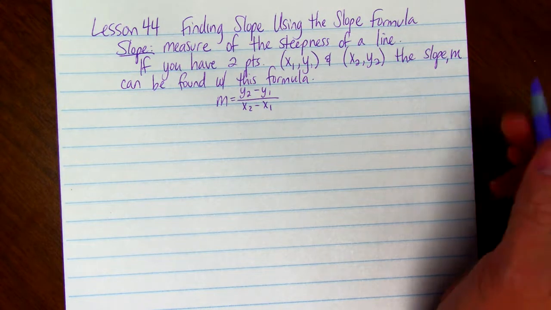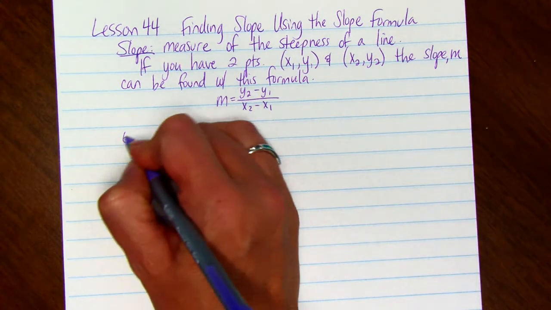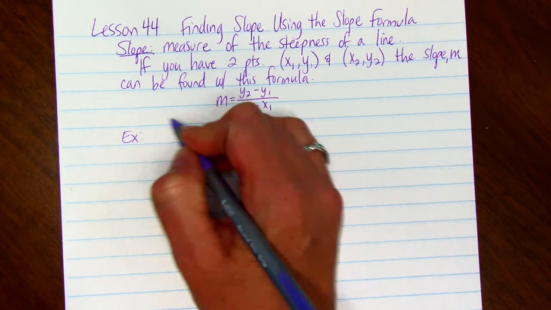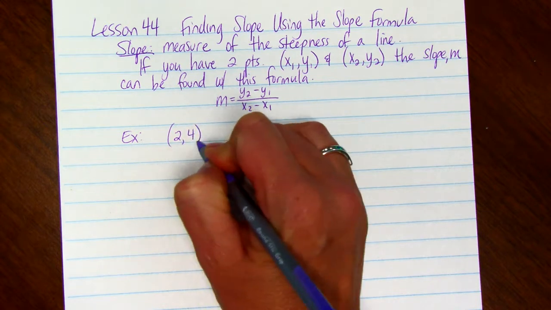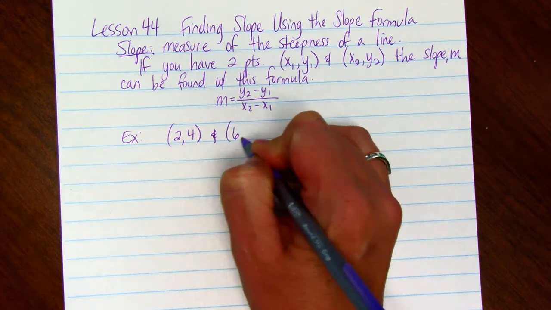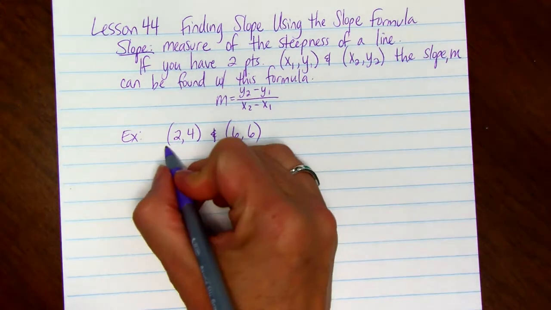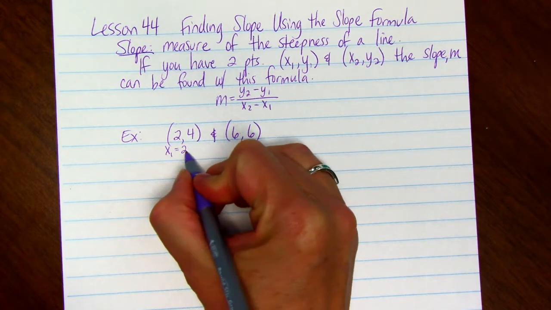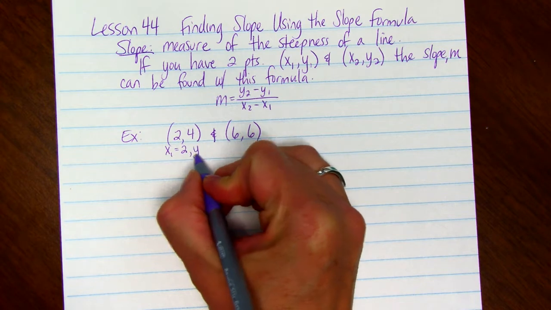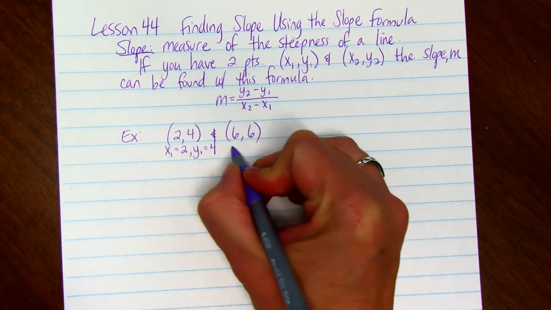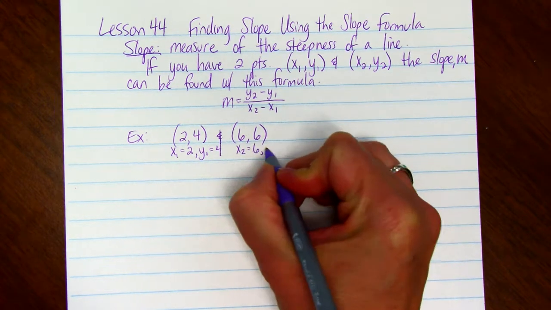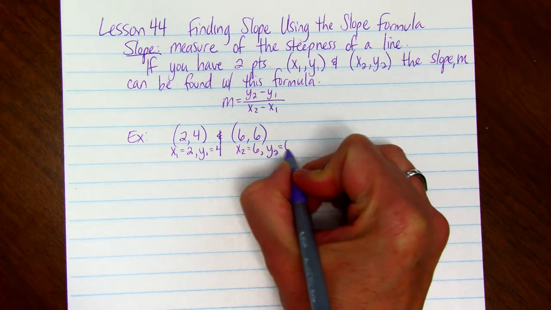So let's give an example. Let's say we're given 2 points, 2, 4, and 6, 6. So we're going to say, okay, our x sub 1 is 2, our y sub 1 is 4, our x sub 2 is 6, and our y sub 2 is 6.